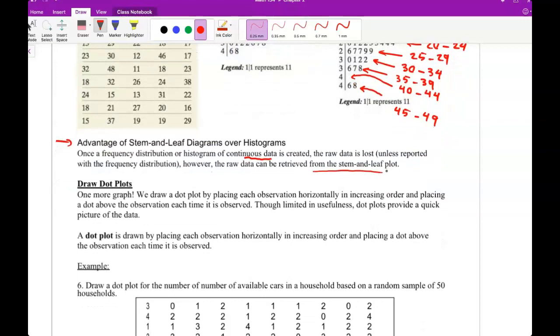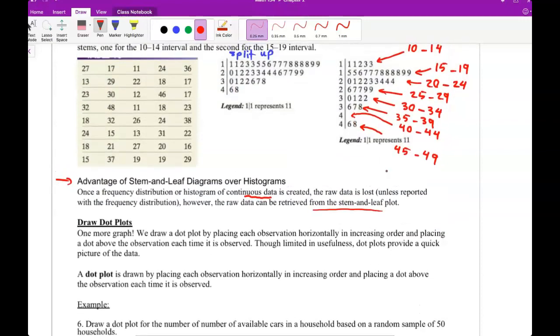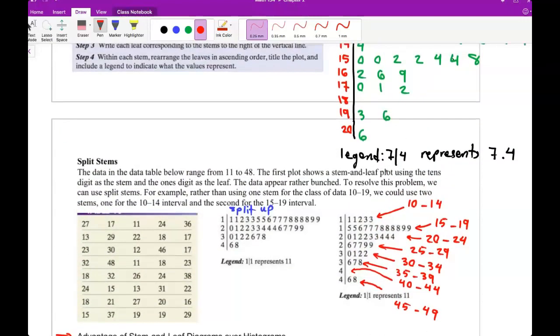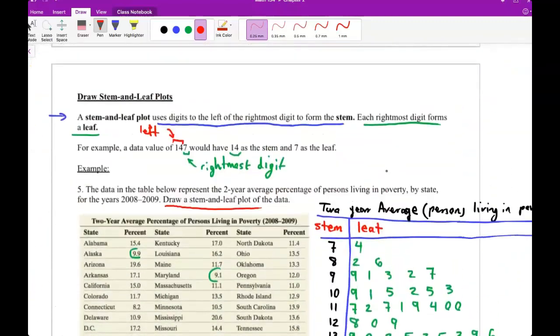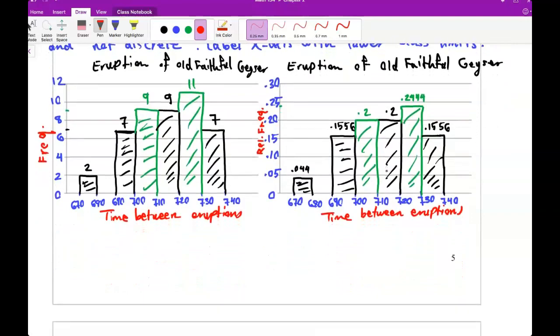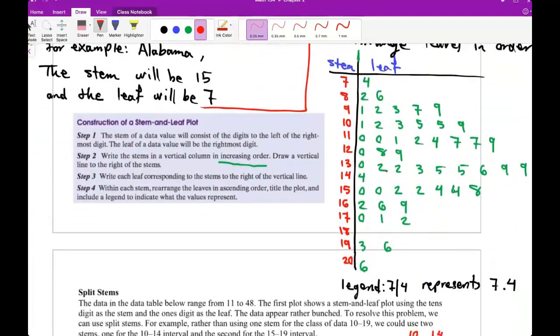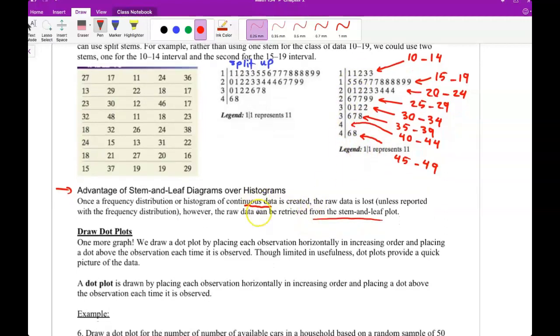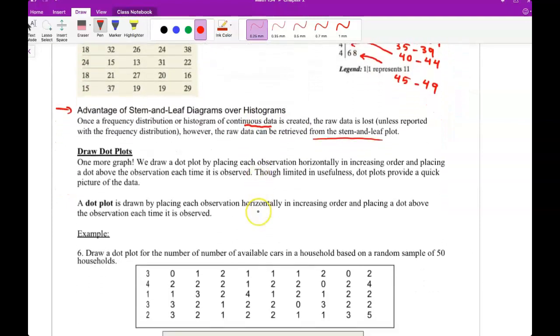So we finished the part on stem and leaf. You can see all the data that you have here, which is why it's clearer than histograms.